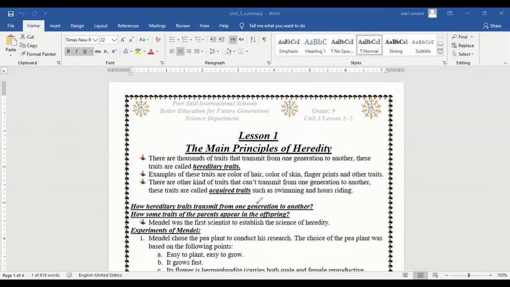While we have another type of trait which is called acquired traits. Acquired traits are something that you can do that comes from the environment, or you can practice it. These aren't transmitted from one generation to another, and you have learned it by yourself or practiced to gain this trait, and it isn't transmitted from your parents.